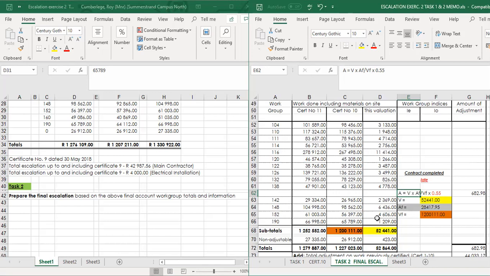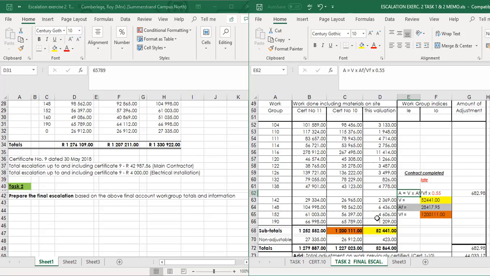And the V value is the outstanding amount at final account stage. And if the contractor is late, and in this case he is, therefore we can apply the 0.55 factor. So the formula is AF divided by VF times V times the late completion factor of 0.55.